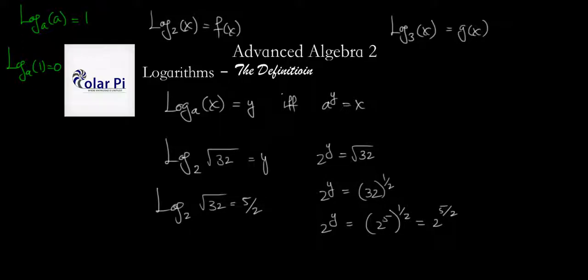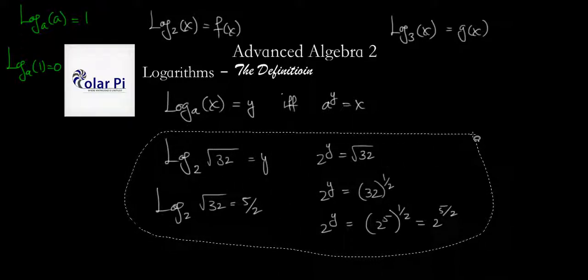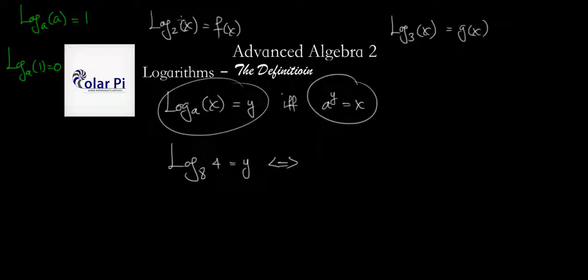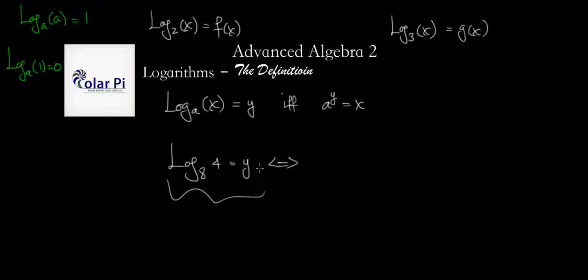This isn't particularly hard. I was trying to think of something harder, and I'll do one other one that is maybe slightly harder: what about log base 8 of 4? We'd say that this is equal to y, and we'd proceed as usual. We use our translation; this is the logarithmic form, and we want to translate it to the exponential form, which is all we've been doing so far.